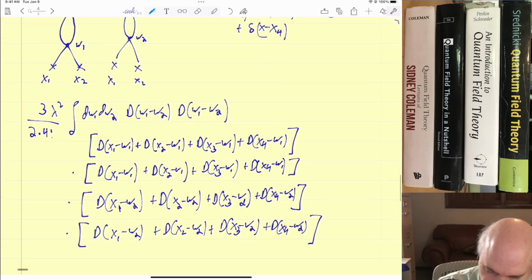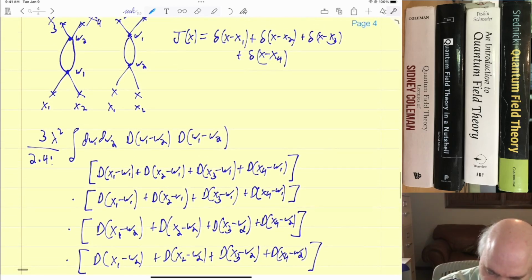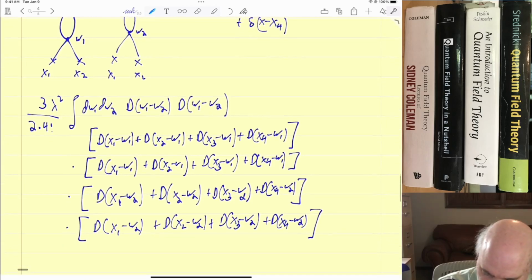Now, not all of these will contribute. We have to get this diagram here. So to show you how many of these there are, it's not like 4 times 4 times 4 times 4. Let's say we start over here with this term. If we have x1 connected to w1, the only other term in here with w1 that can be connected to x1 is x2 minus w1.